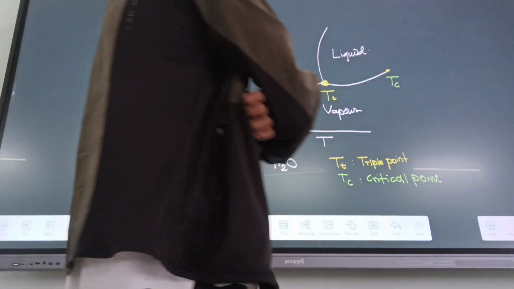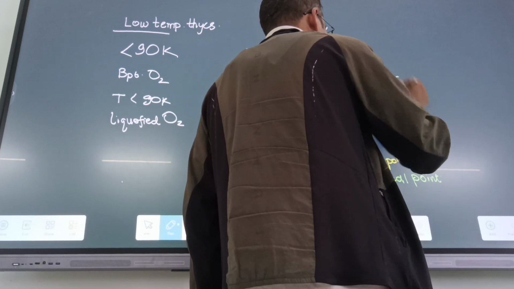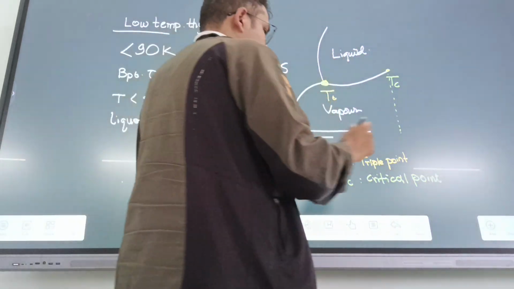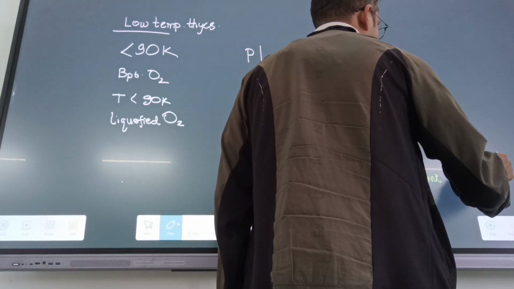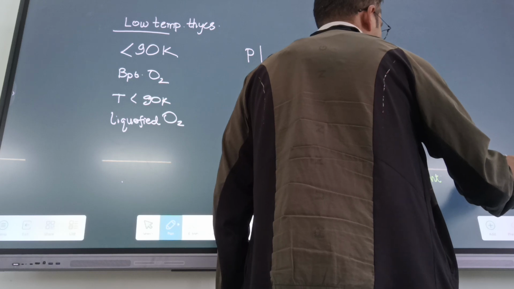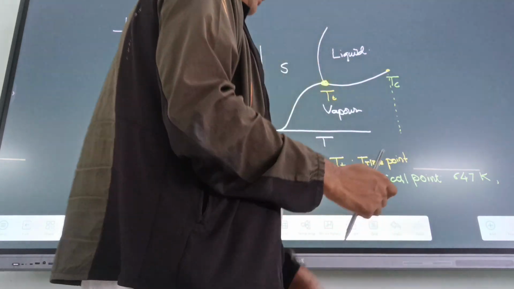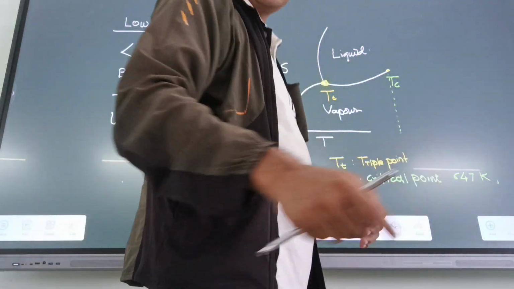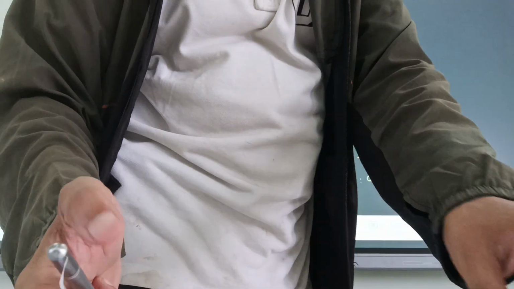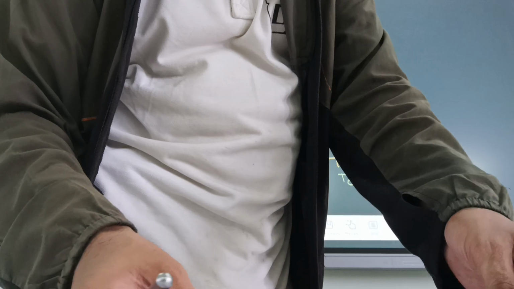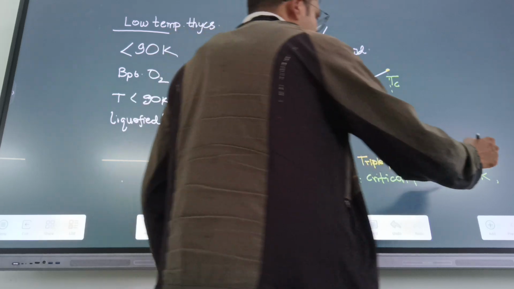Because after this point, so this is the critical temperature, TC, right? And which is 647 Kelvin, right? And the pressure is 22 megapascal.